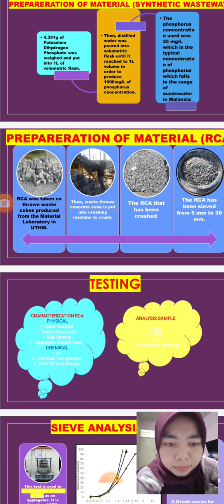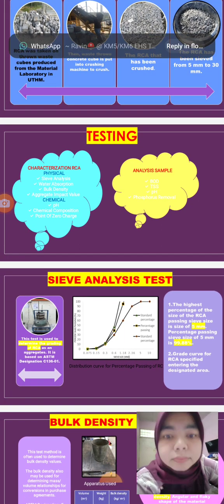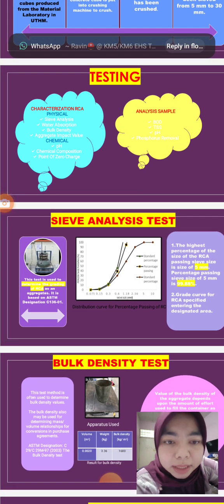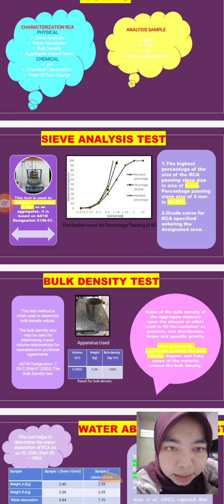This is for testing. There are 2 testing, which is physical and chemical testing. Next, for sieve analysis test. From the sieve analysis test, I can conclude that the grade curve for RCA is within the designated area.